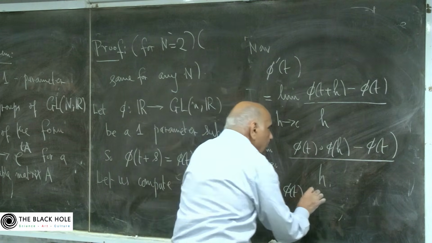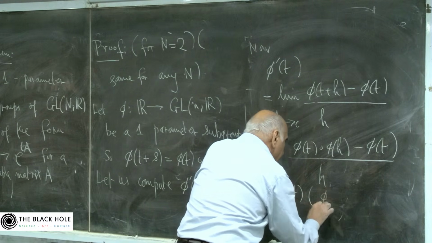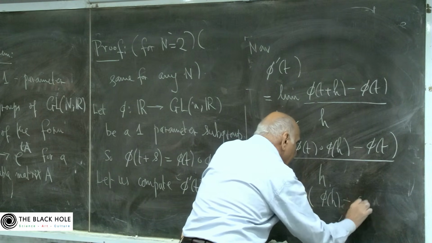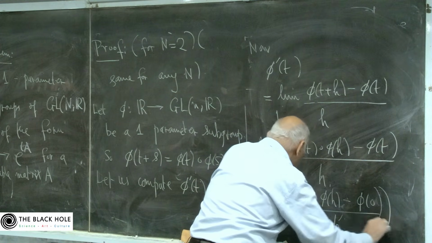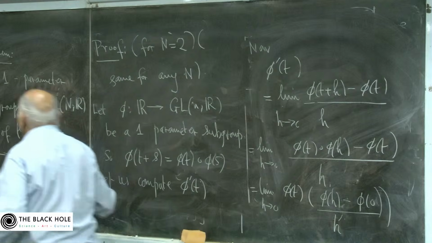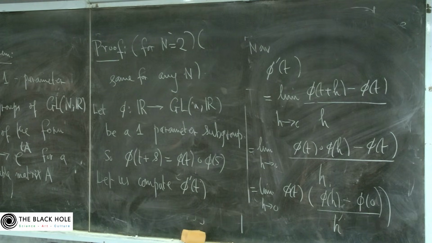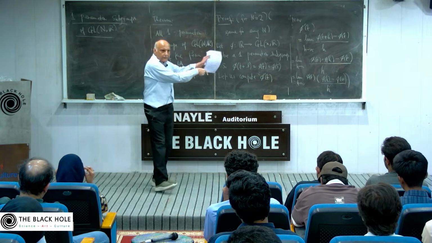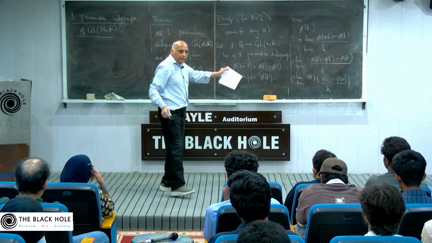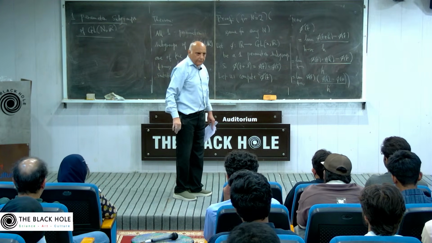This is phi t times phi h minus phi 0 over h. Because t behaves like a constant here, you can interchange phi t and the limit, and you will get phi t times phi prime 0.